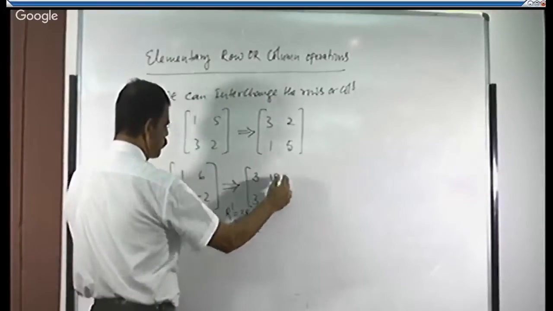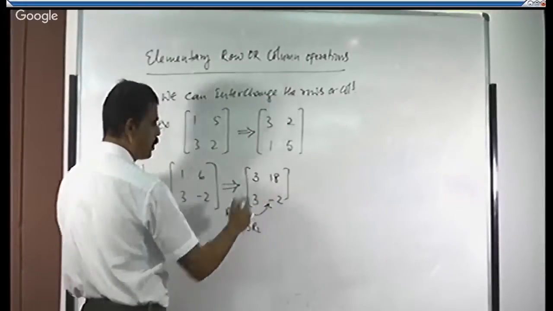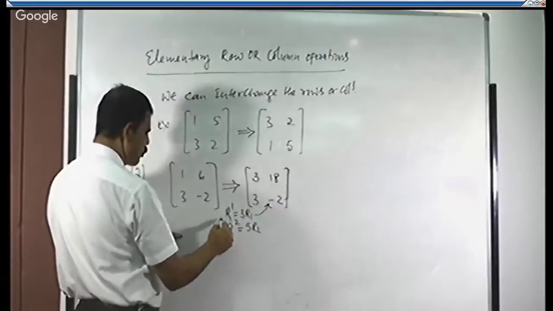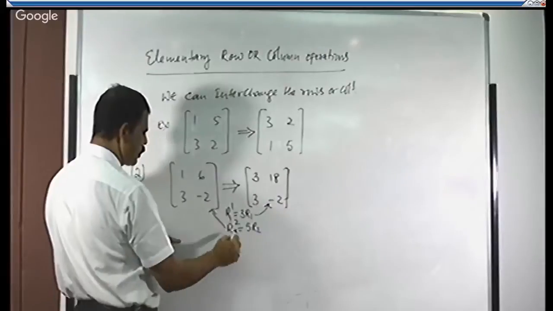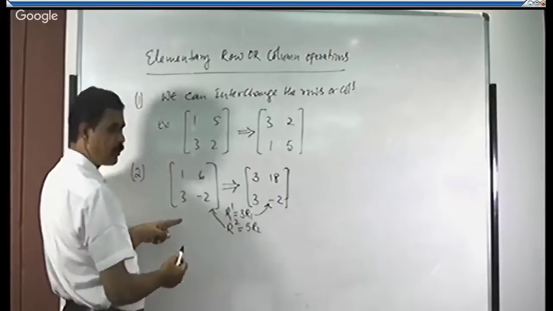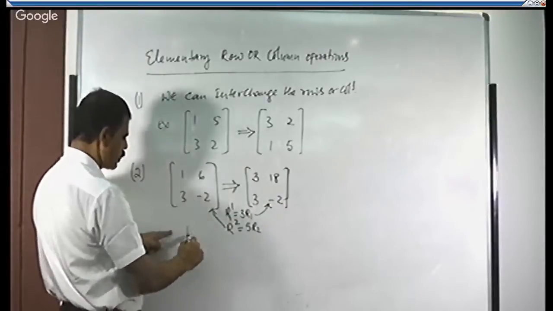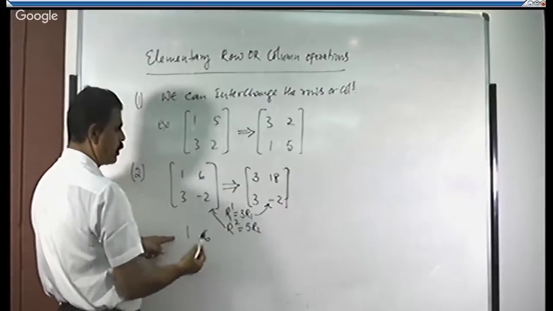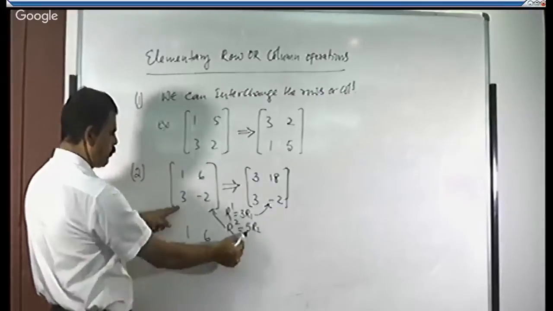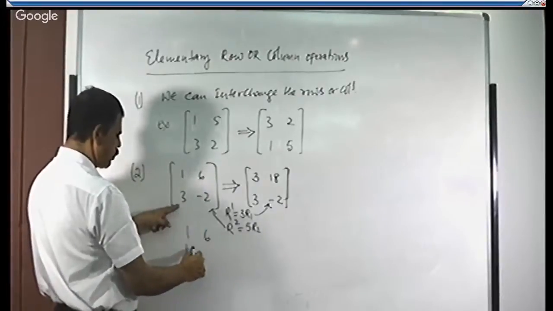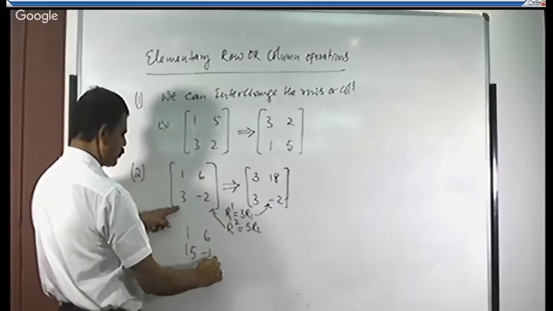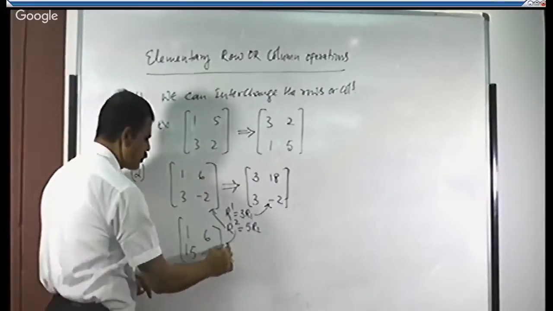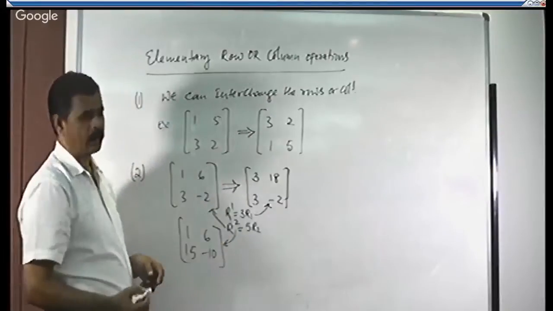I am altering the second row only. First row I have taken as it is. Second row is multiplied with a constant number, that is non-zero element, 5. 5 into 3, 15. 5 into minus 2, minus 10. So this is the second operation.